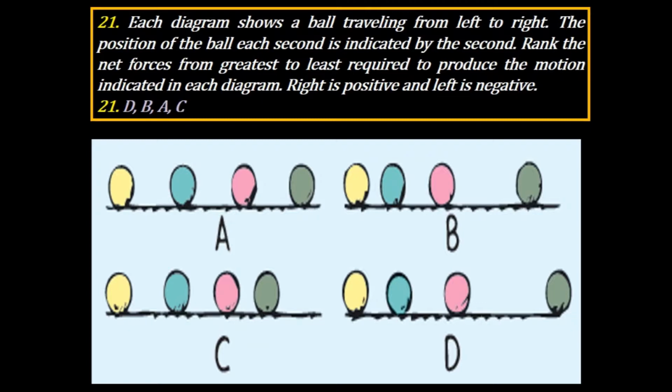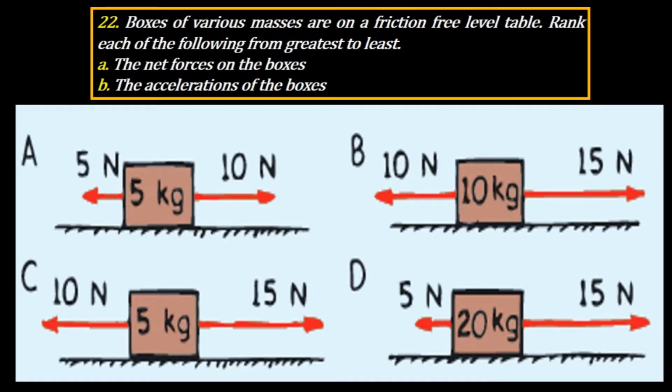Let's look at this again. It's confusing when you first look at it because of the colored balls, but each ball is a different frame. So it's all one ball, and the ball in D is going the fastest, so that's going to have the largest net force, and then it would be B, then A, then C. So it'd go D, B, A, C.